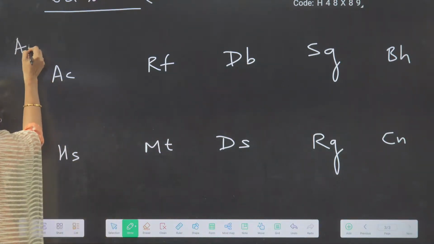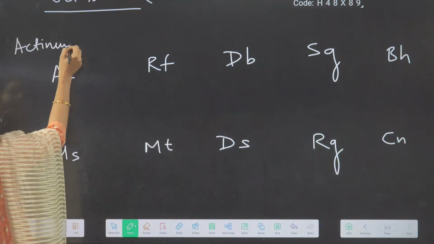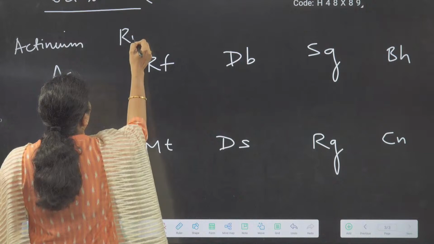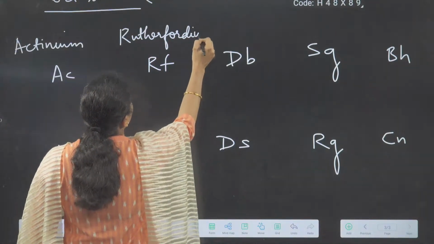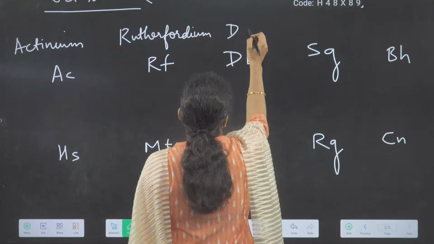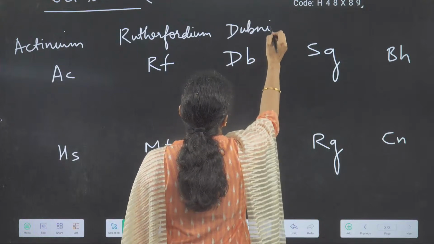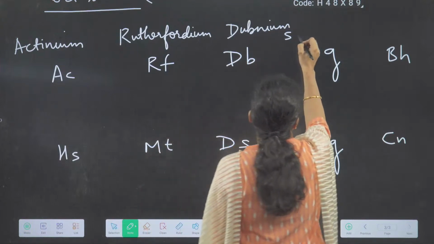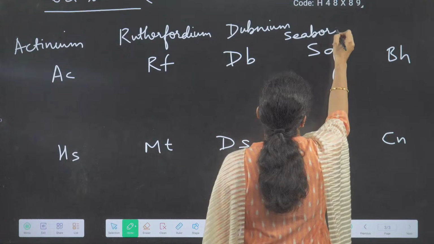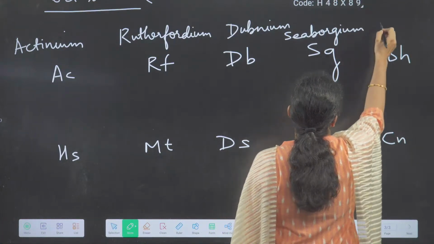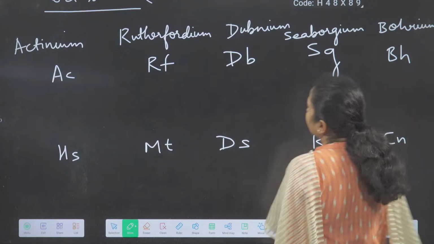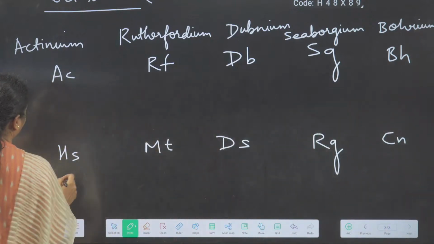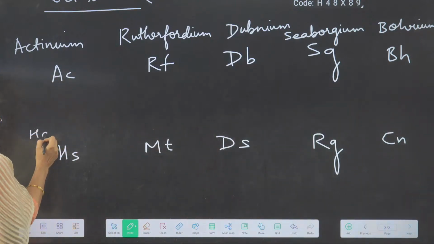So AC is actinium. Then you have here rutherfordium. Then dubnium. Then seaborgium. Then borium. Then this is hassium.